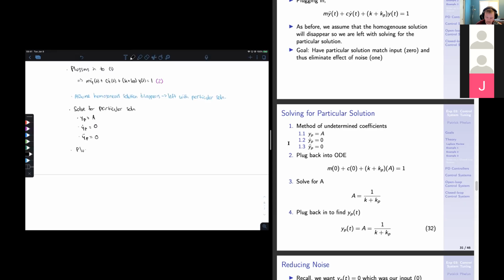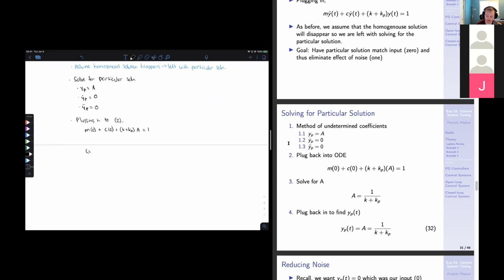Plugging into 2, we have m multiplied by 0 since y double dot equals 0, plus c times 0 because y dot is equal to 0, plus k plus kp multiplied by a because y sub p equals a, and that's equal to 1.